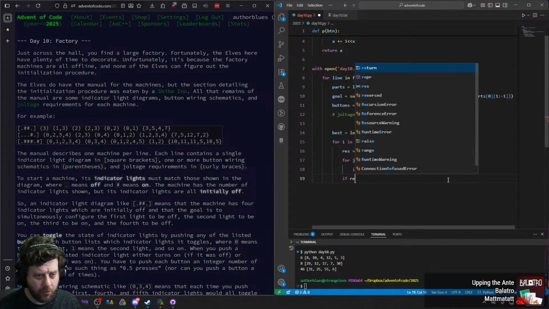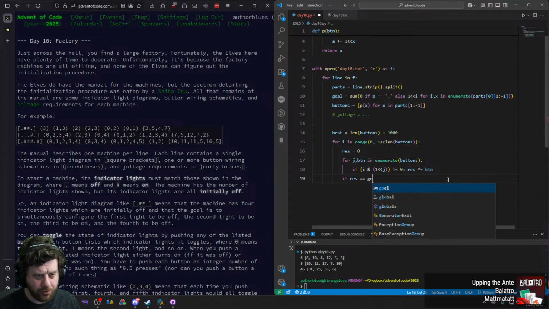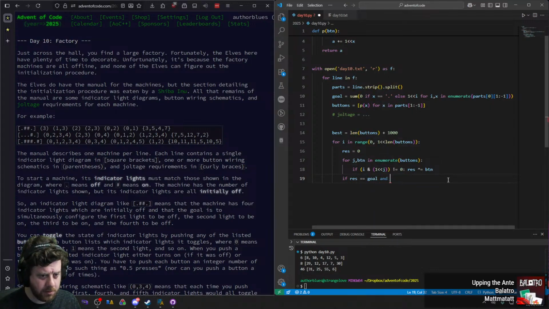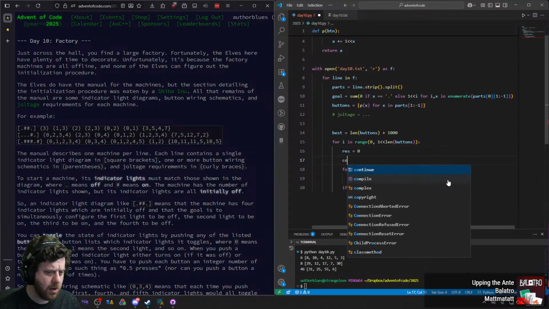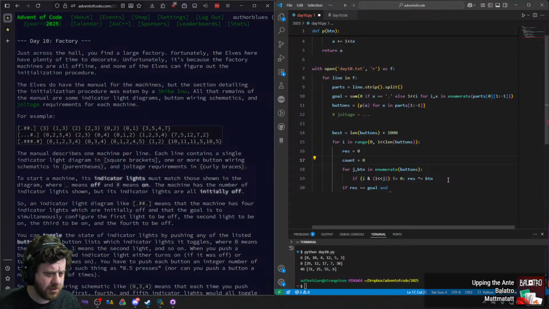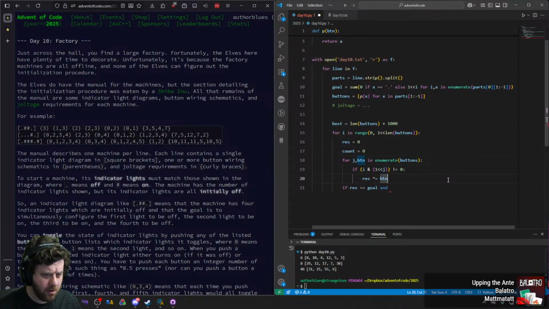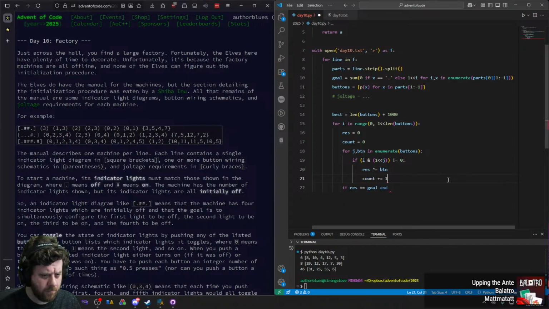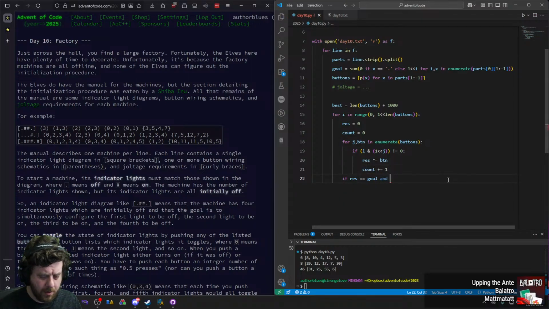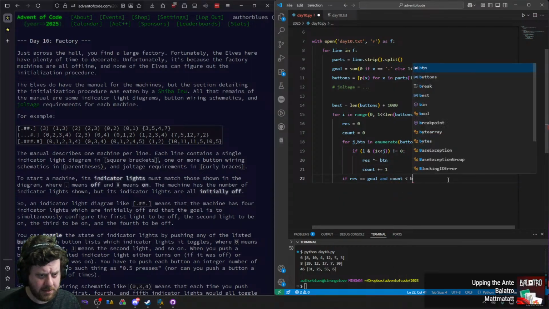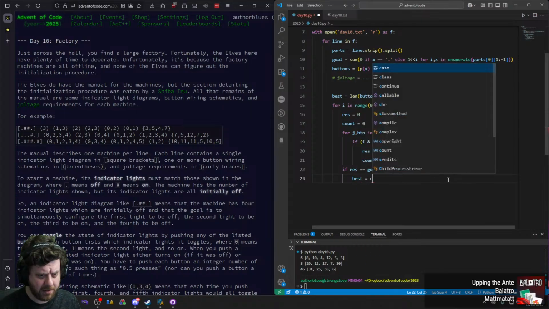If res is equal to goal and count, and count is less than best, best equals count.